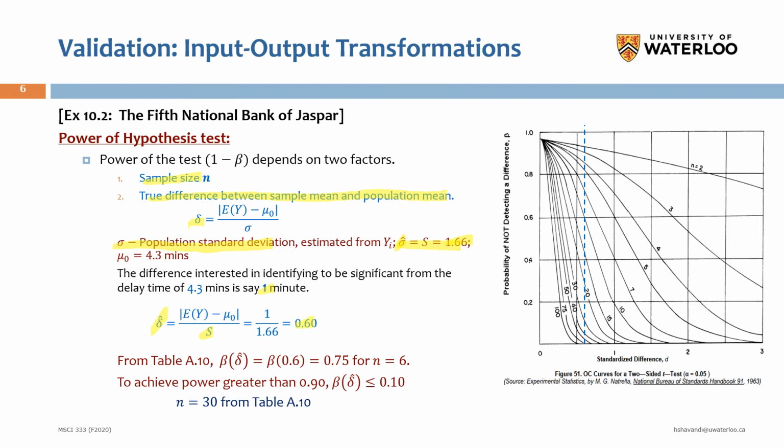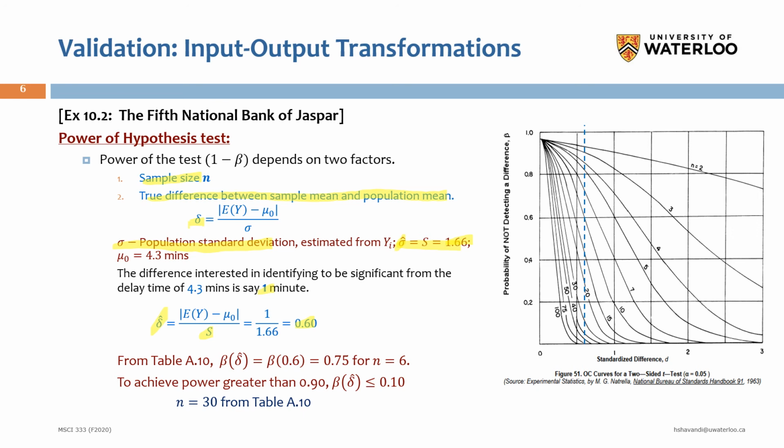Okay, so the estimation for the true difference, delta hat, is 0.6, and let's say that a power of test of 90% is okay for us. So the beta, I mean the type 2 error, can be at most 10%.